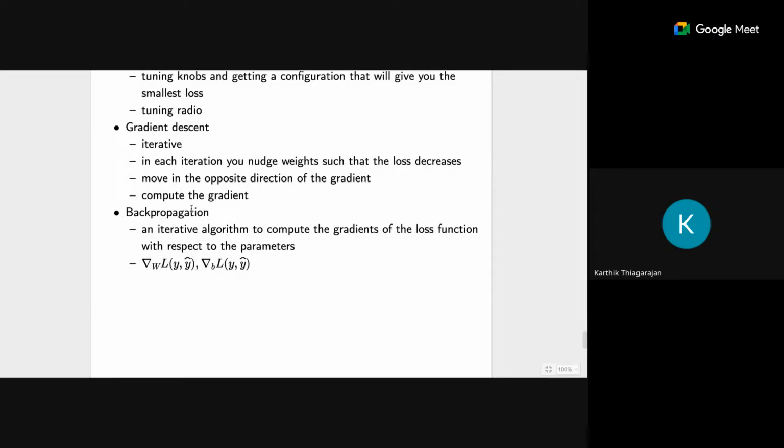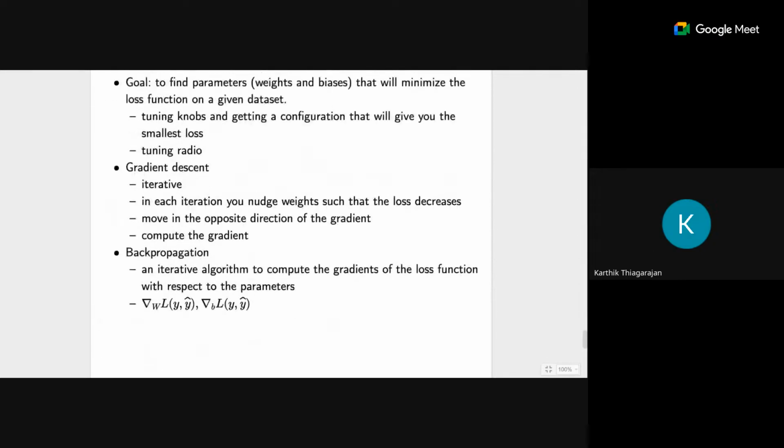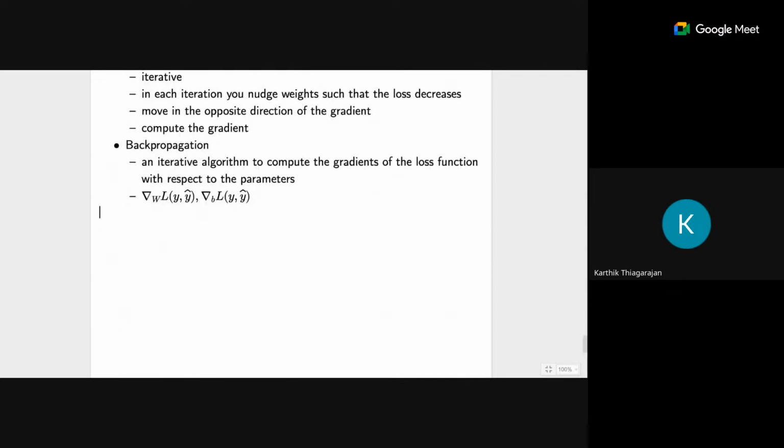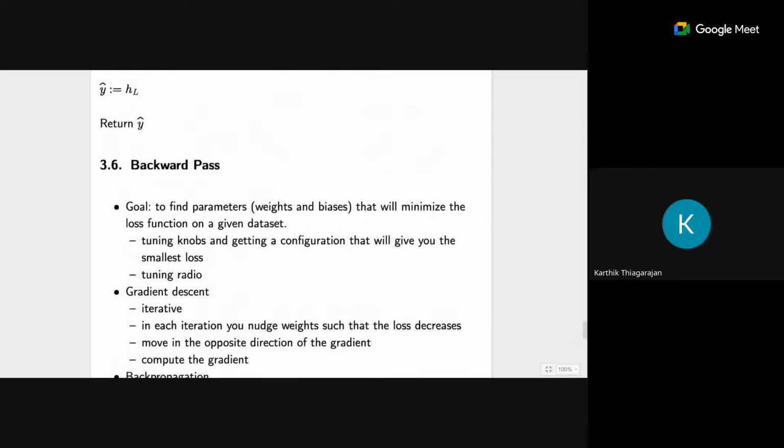Okay. So now comes the hard part. How do we find the gradients, right? The idea is we use our good old chain rule, where we break up the whole computation layer by layer. Okay. So what do we need?